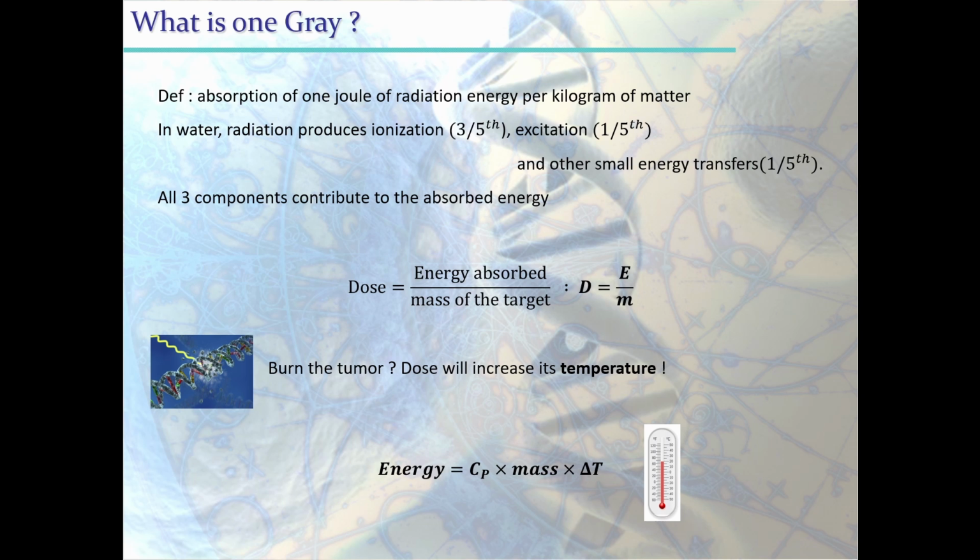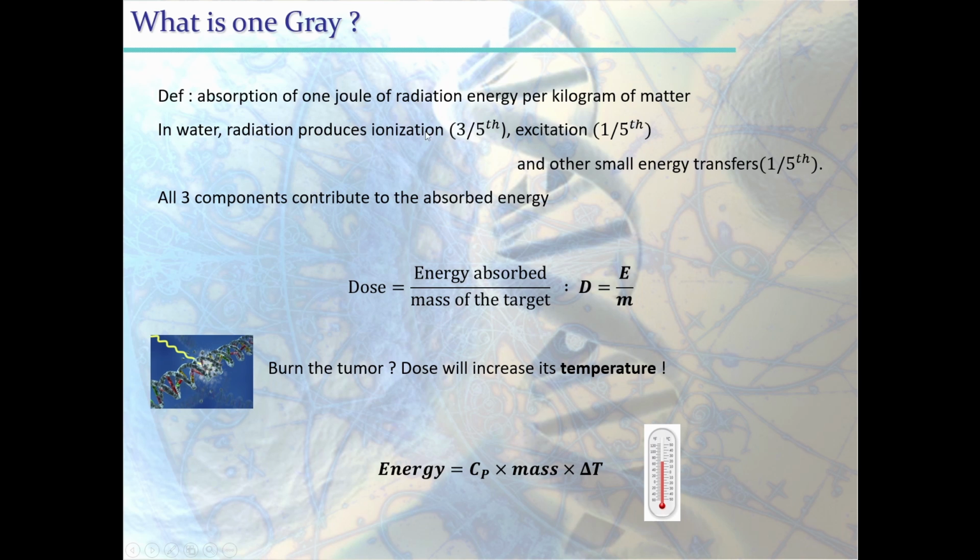If we look at the definition, a gray is the absorption of 1 joule of radiation energy per kilogram of matter. Okay, if we take a kilogram of matter, that would be water. This radiation will produce in the target ionization mostly, but also excitations of the electronic layers of the molecules, and there will also be small energy transfers.